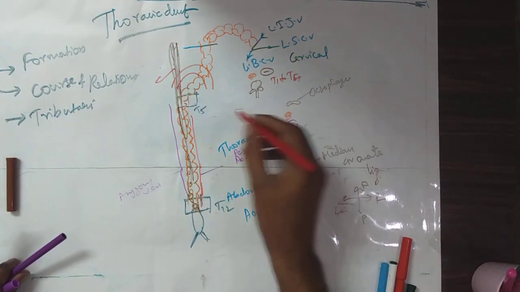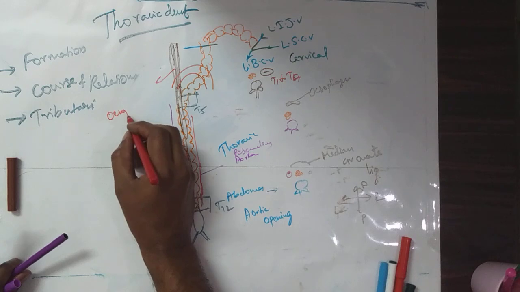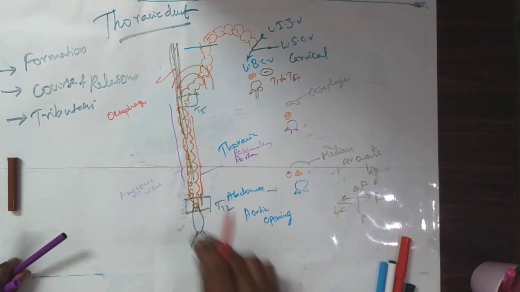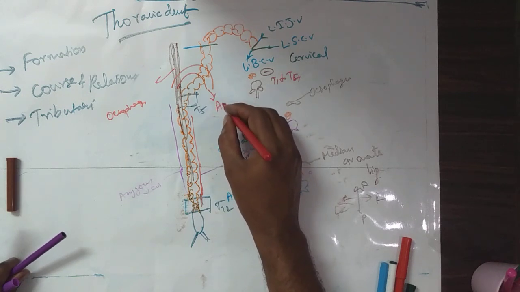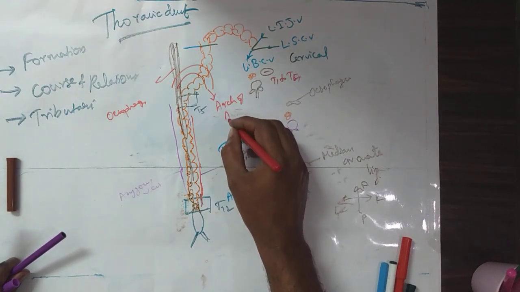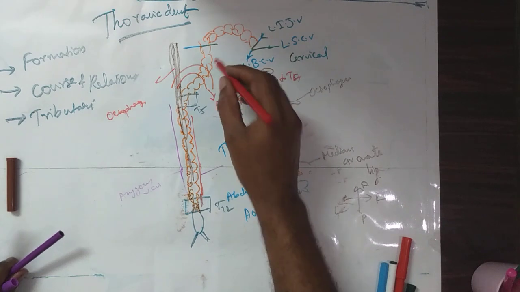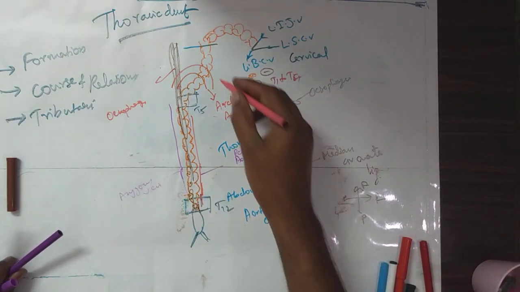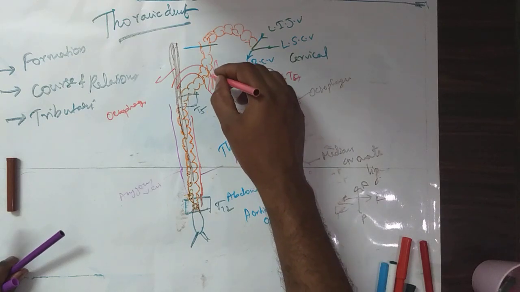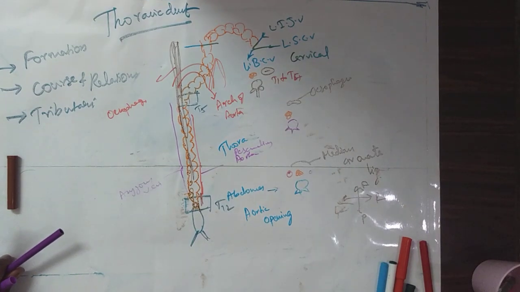On the right it's having esophagus, and anteriorly arch of aorta, and on the left we'll be having the left lung and the pleura of it. So those are its relations in the thoracic region.